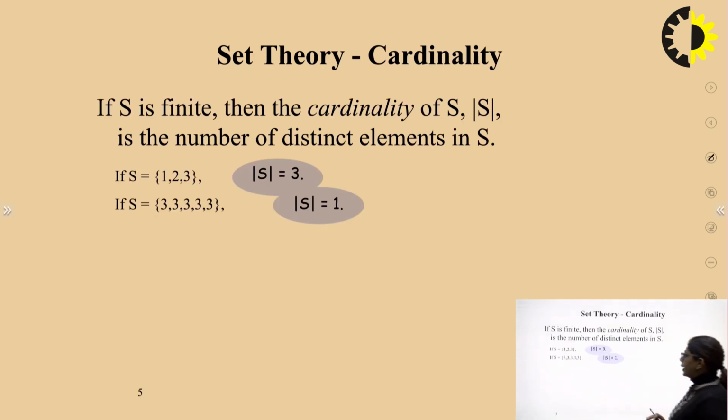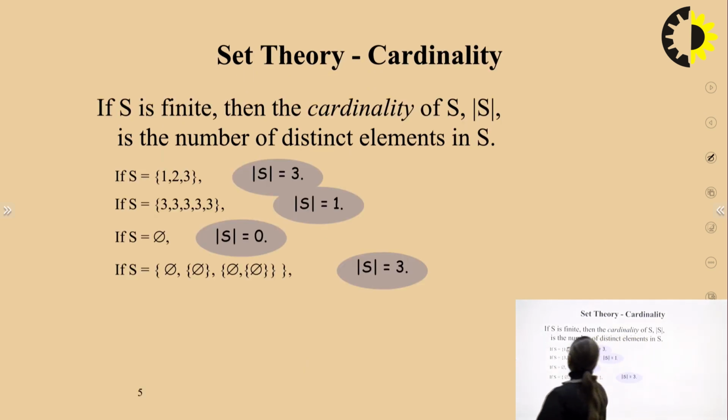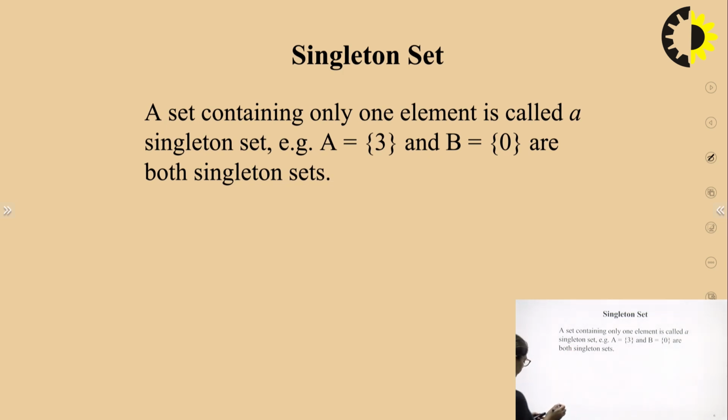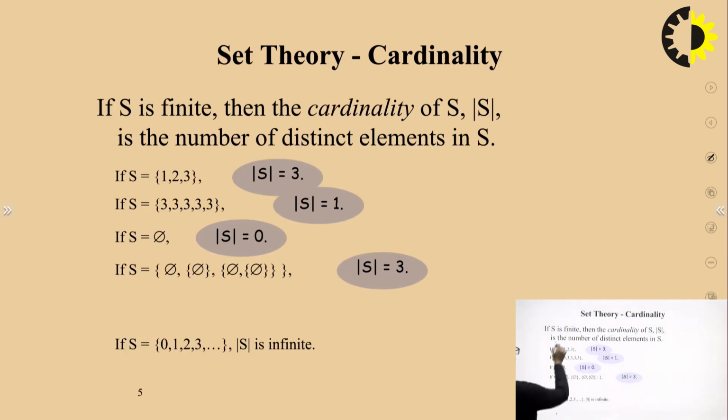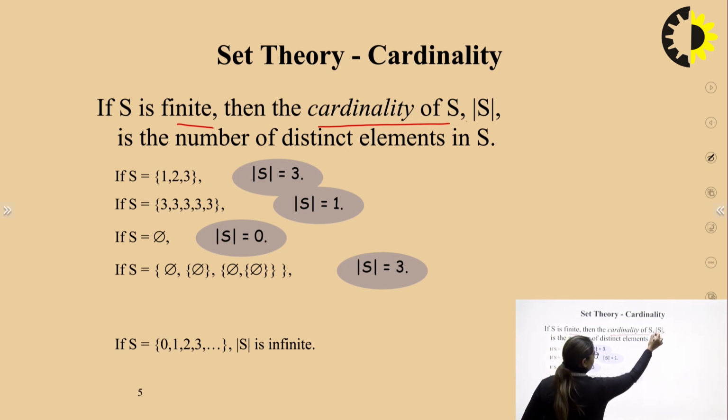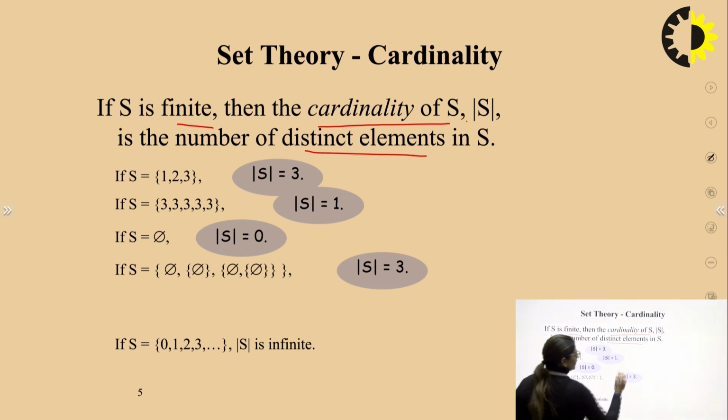Now the cardinality, right? If S is finite, then the cardinality of S, symbolized by the absolute value of S, is the number of distinct elements in S. That means if we count the number of elements in a set, that is the cardinality, right?